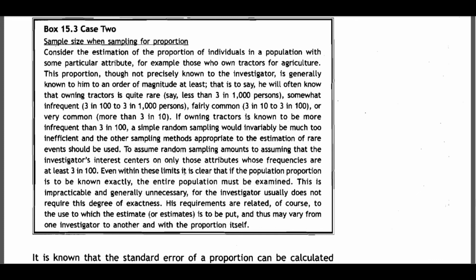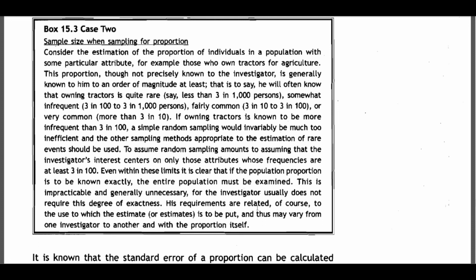Even within these limits, it is clear that if the population proportion is to be known exactly, the entire population must be examined. This is impracticable and generally unnecessary, for the investigator usually does not require this degree of exactness.